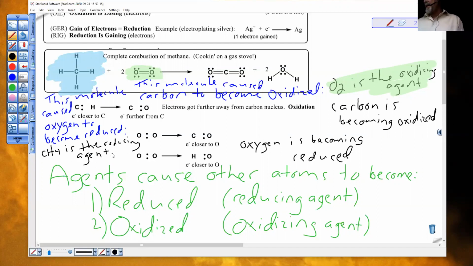Now, when we're trying to study these notes and it's not a video, where did we start today? We started with these pictures, asking ourselves, what happened to the electrons? Then we came up with these conclusions.